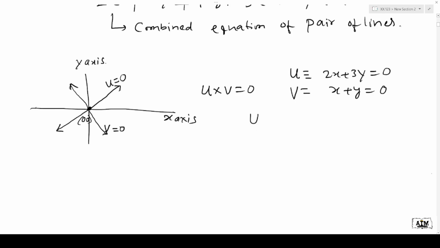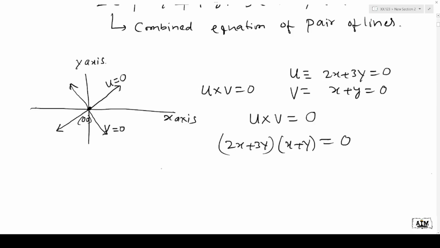I have blindly taken this equation. Now the combined equation of these two lines is obtained by multiplying u and v. So the first equation 2x plus 3y and the second equation x plus y equals 0. Writing both the brackets together, u into v equals 0.